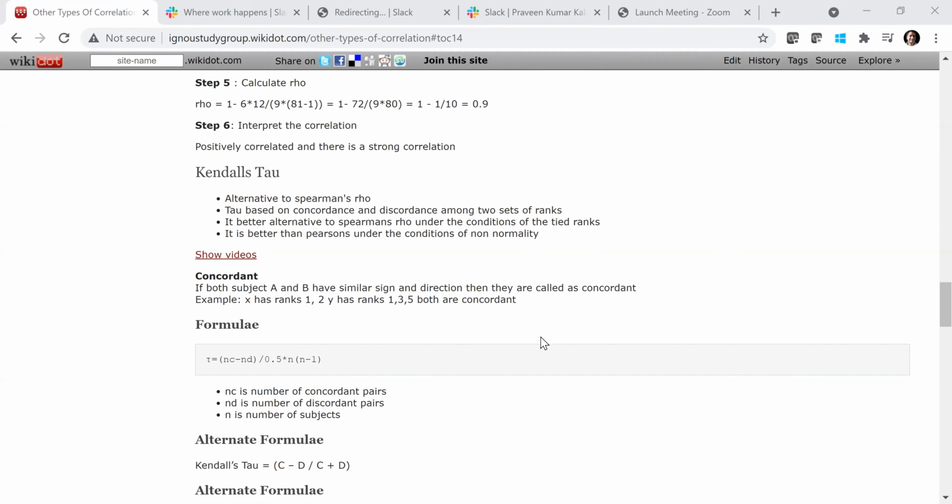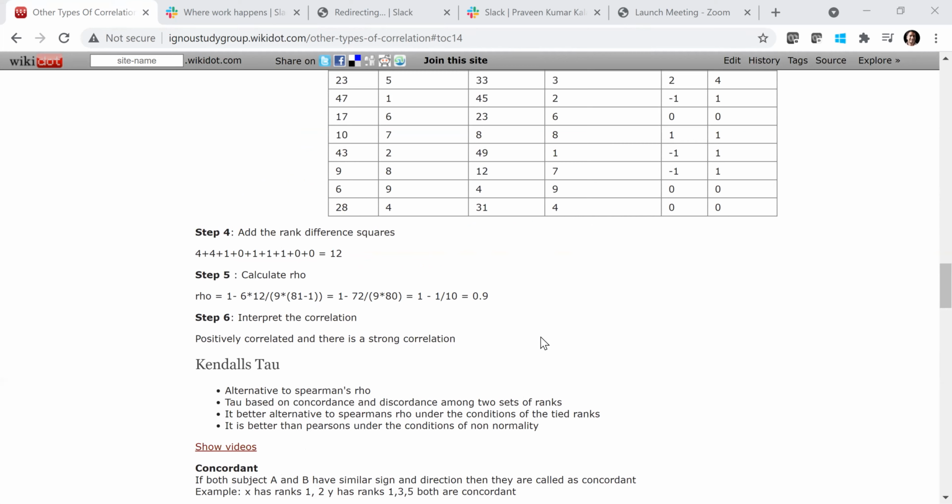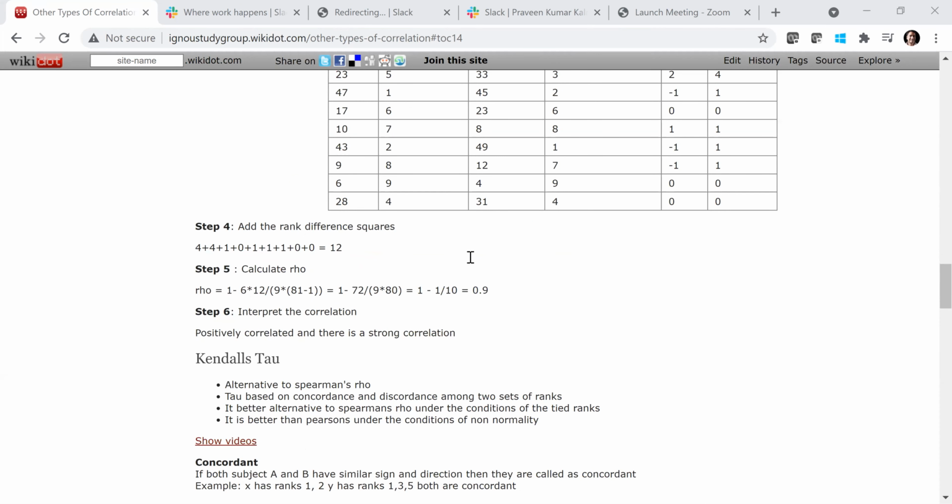So Pearson is for quantitative data, which can be much richer as far as the calculations are concerned. We have Spearman in the case of ordinal data. So now comes Kendall. Kendall is very similar, as I said, to Spearman. So then why Kendall?